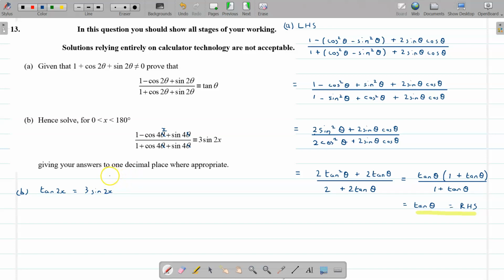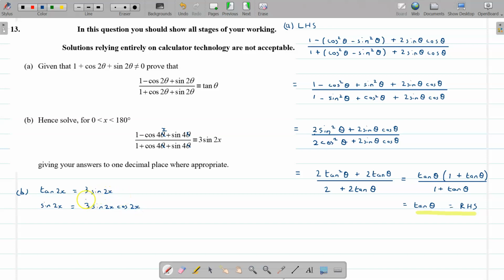Okay, now if you multiply everything out by cos 2x, that turns the tan into a sine. So that gives me sine 2x, and that must equal 3 sine 2x cos 2x.